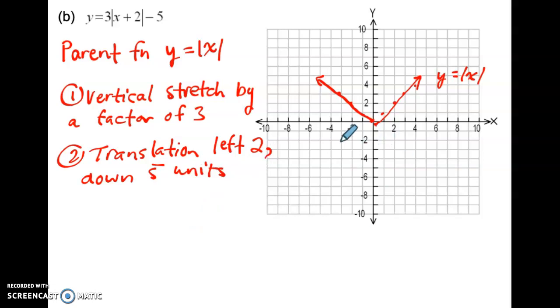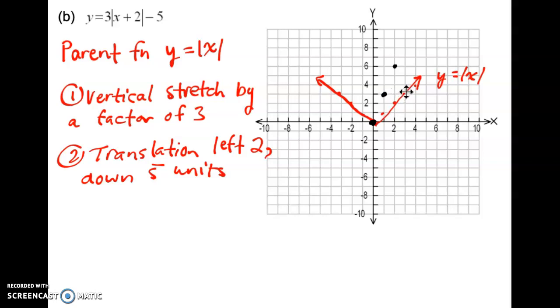So we're going to deal with these one at a time, just like before. First, our stretch. Since it is a vertical stretch, all we're doing is taking each point that we have and multiplying that y value by 3. So the origin stays the origin. Here the y value was 1. 1 times 3 is 3. Here the y value is 2. 2 times 3 is 6.